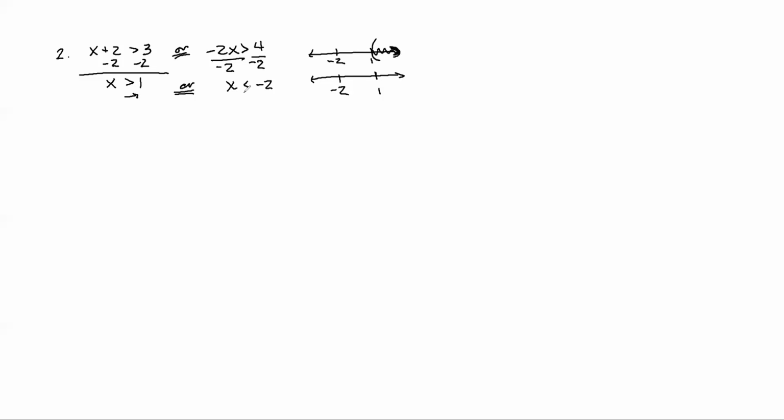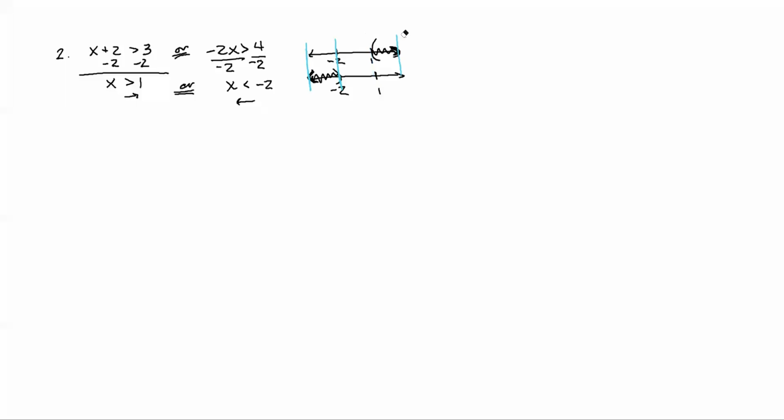And then x is less than negative 2, we're shading to the left of negative 2 with a parenthesis. Now if we look at everything that's shaded, starting from the furthest left, we have everything from negative infinity to negative 2. We jump, take a break until 1, until infinity.